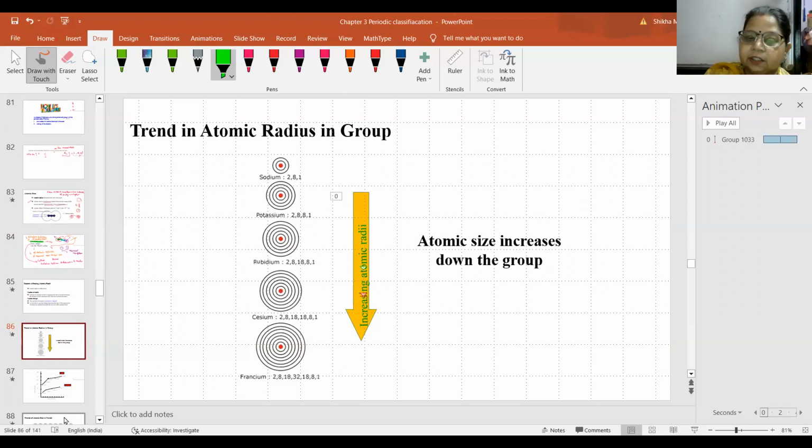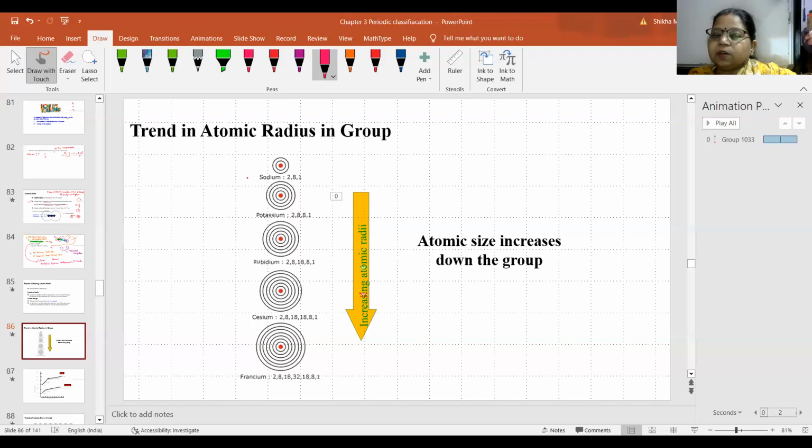As is very clear from the electronic configuration, when we move from one element to another, the number of shells is increasing by 1, right?